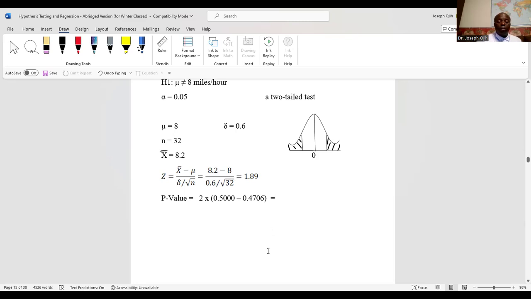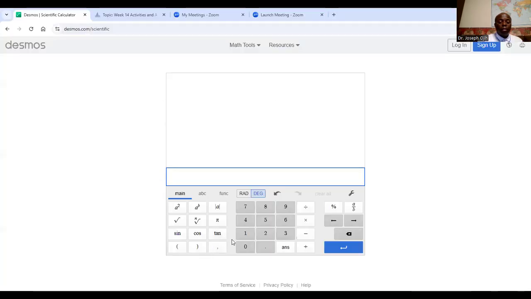Let me put it on the calculator. 2 times (0.5 minus 0.4706) gives 0.0588. So we got 0.0588.